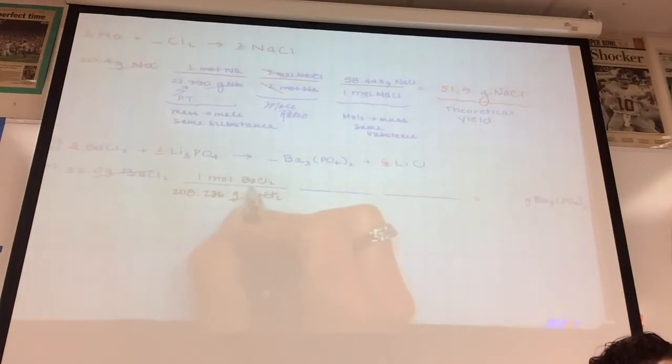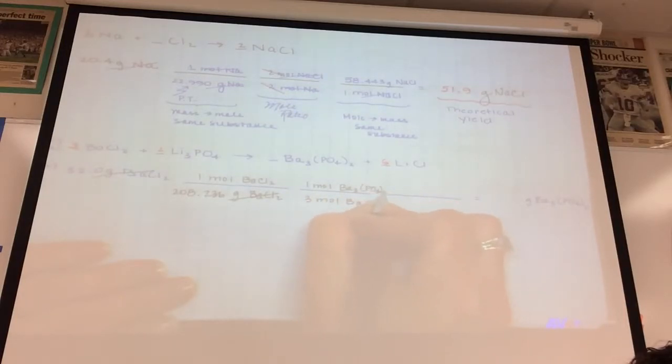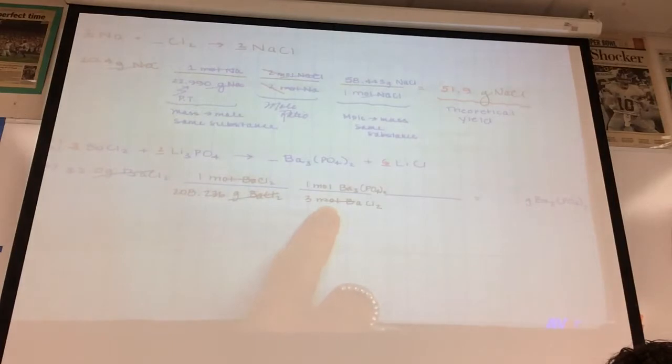Now you're at moles. What will you do in the next step? Mole ratio from the balanced equation. 3 moles of barium chloride to 1 mole of barium phosphate. So there's the mole ratio.